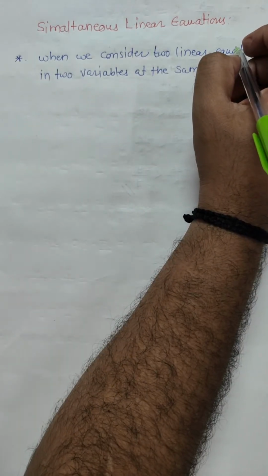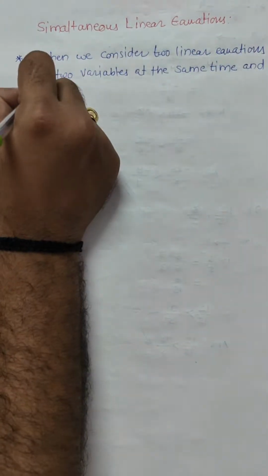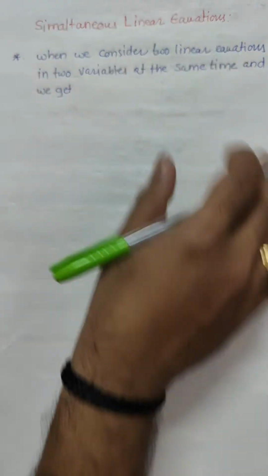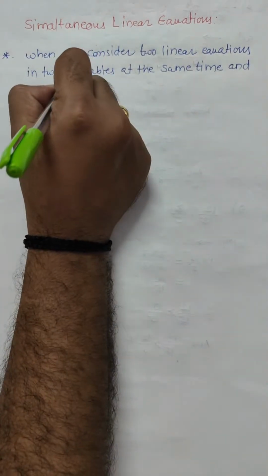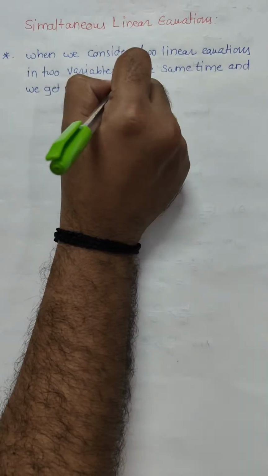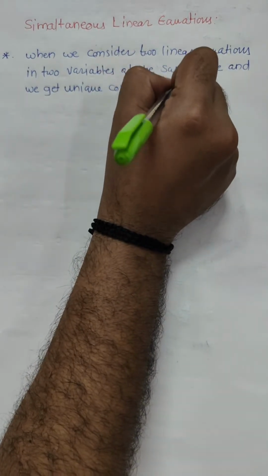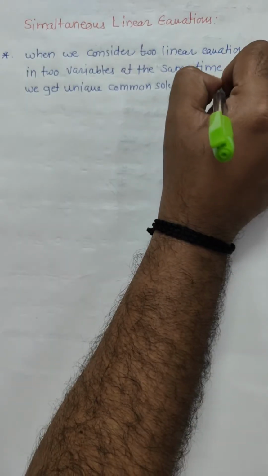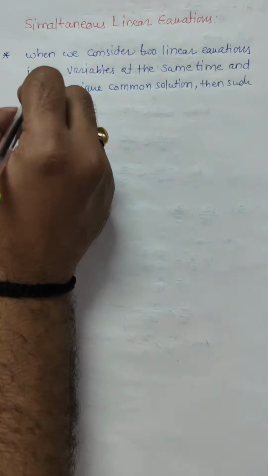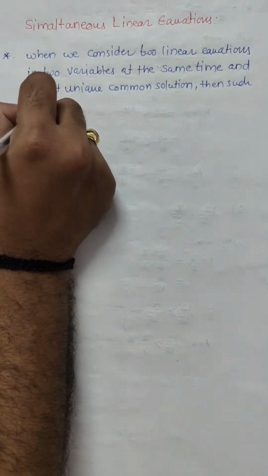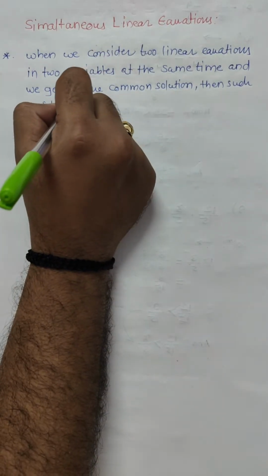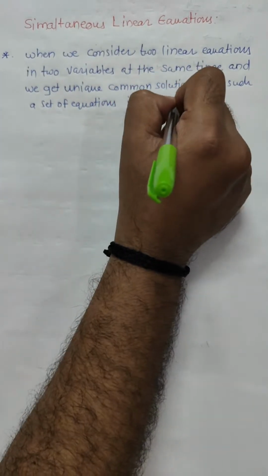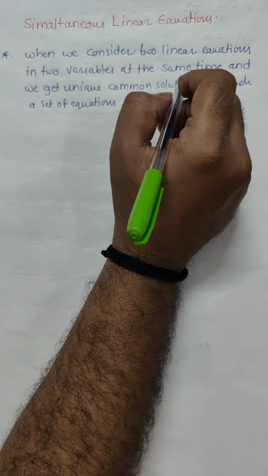and we get the unique common solution, then such a set of equations is called a simultaneous equation.